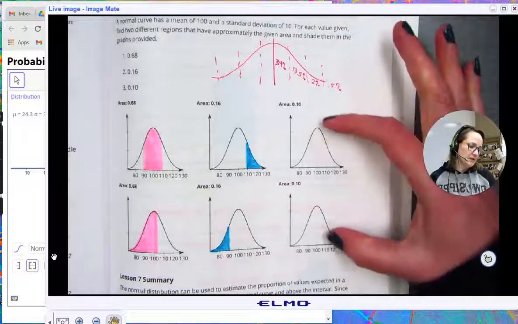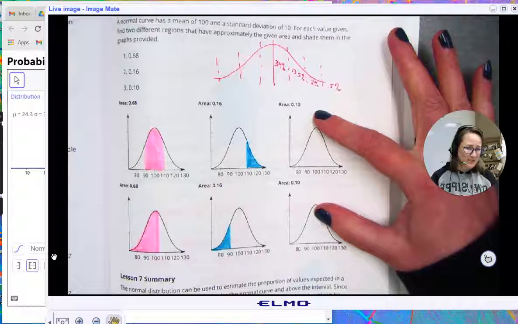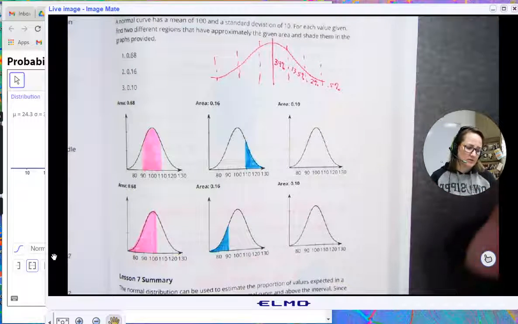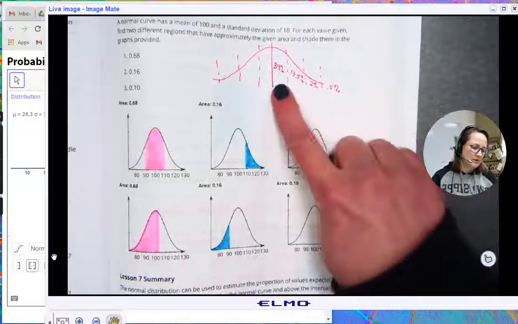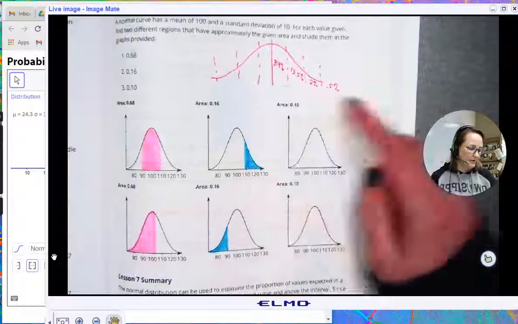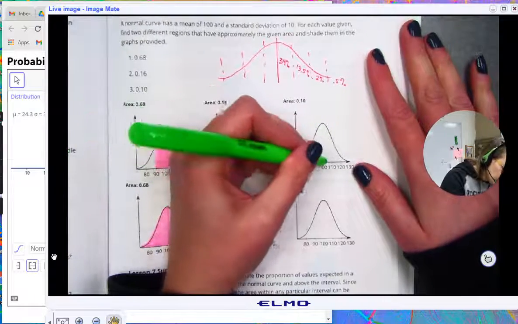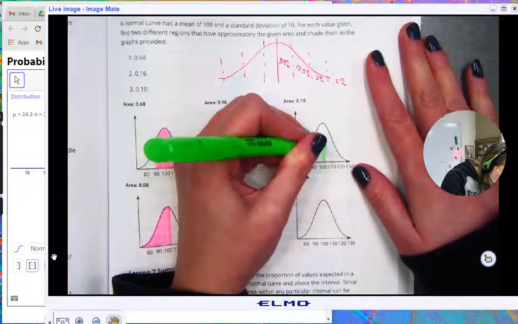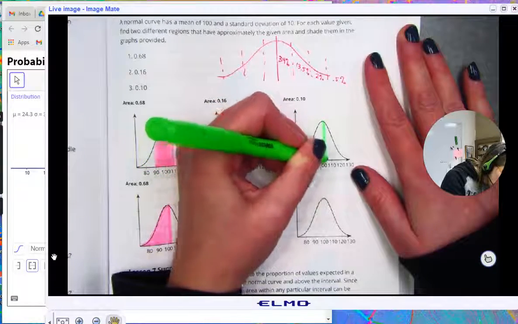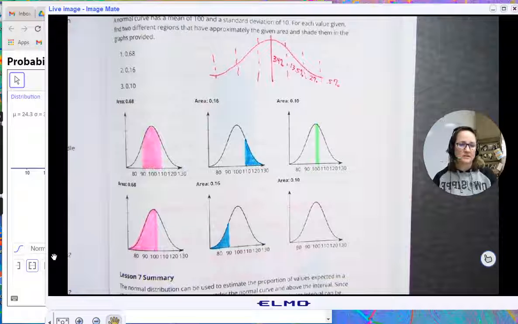Last but not least, if I'm thinking about something that would be about 10% of our data, there's a lot of different ways that I could do this. I could say we need something that's roughly a third of the middle standard deviation. That right there is about 10% of our data.